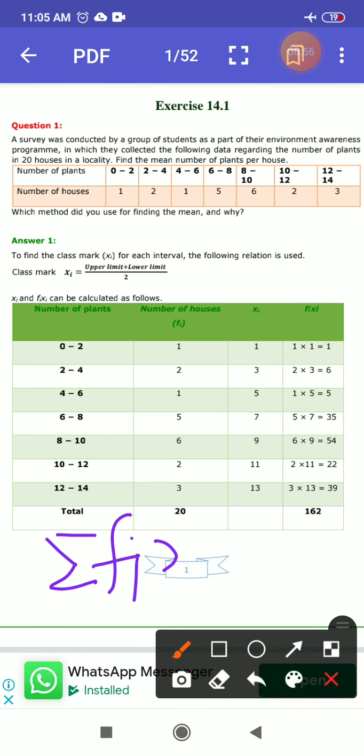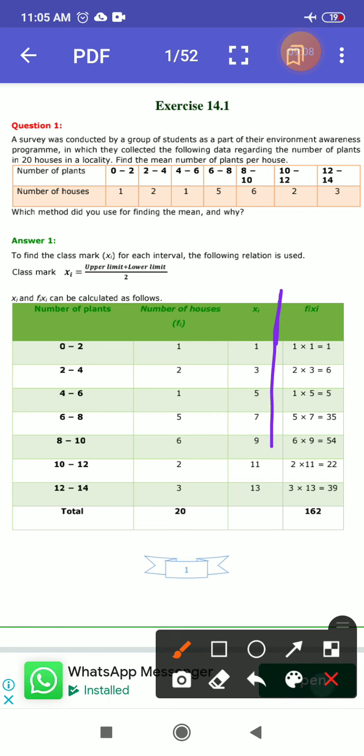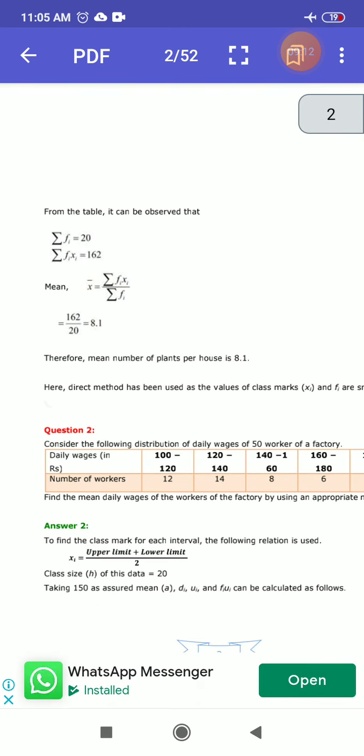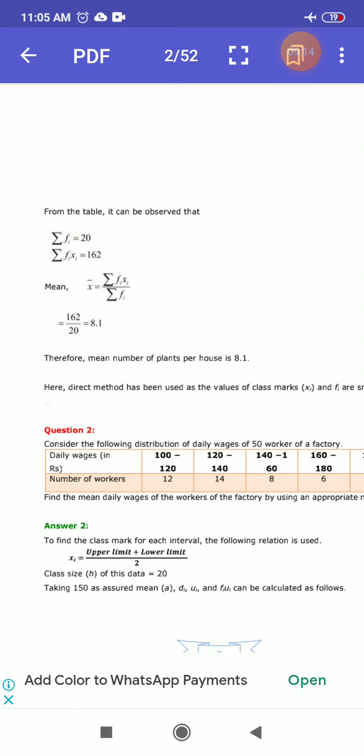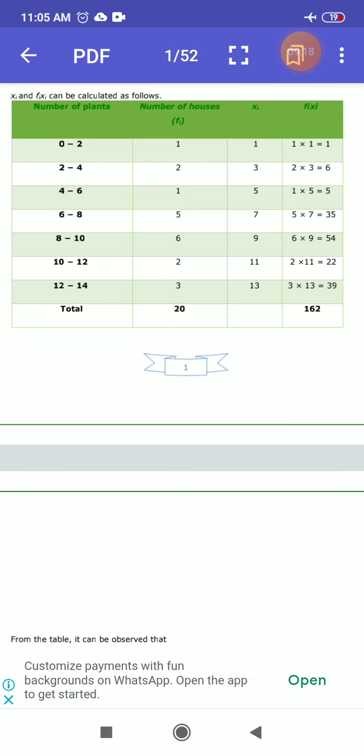Then what do you do for calculating the mean? You very well know the formula. First of all you have to calculate the summation fi.